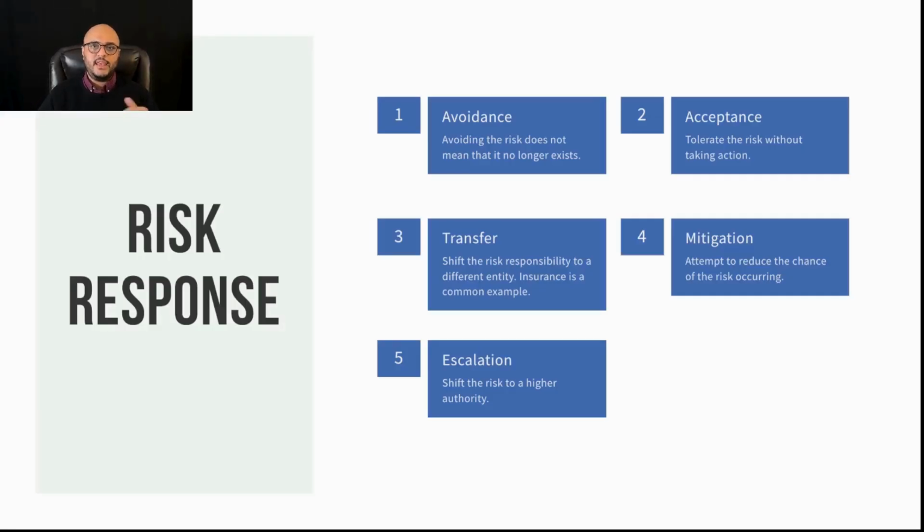Maybe I'm delaying an activity to better weather, for example, if it's a construction type of activity. I'm trying to mitigate that risk, reduce the chance of it happening. And finally, escalating the risk. Okay, the risk has happened, or the issue has happened. I need to escalate this to someone with higher authority than myself to make the call, to make the decision. That is called escalating the risk.